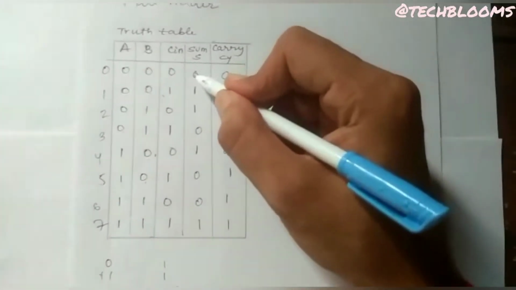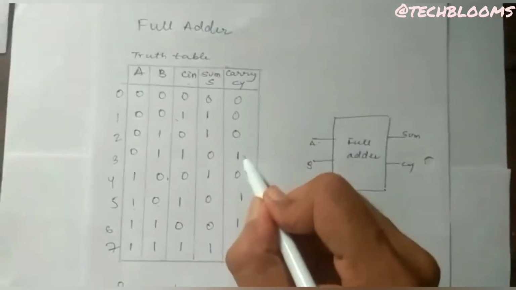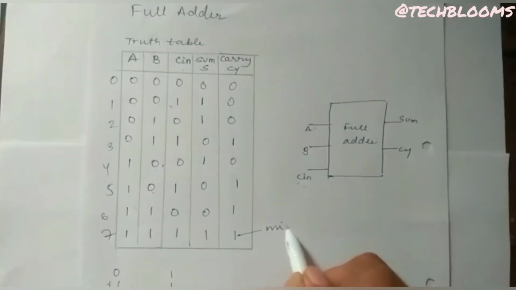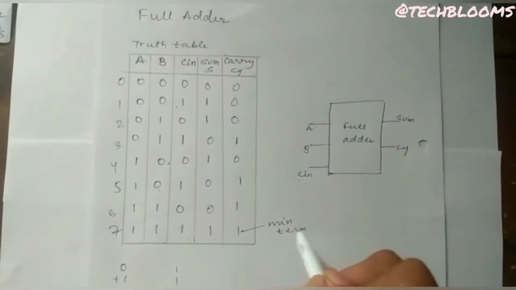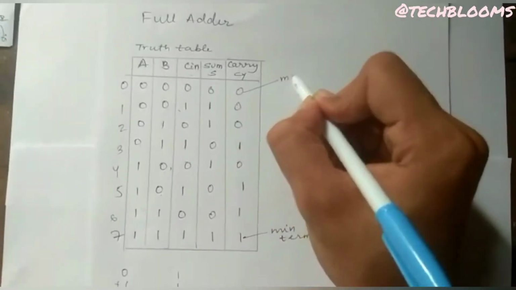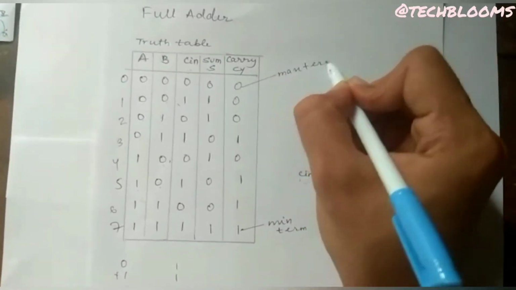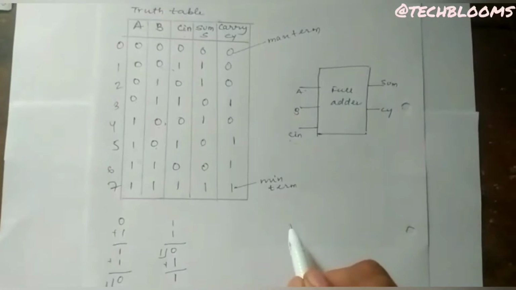So we will take an expression for sum and an expression for carry. We will only take the min terms. 1 is the min term and 0 is the max term. I will show you using sum of products.